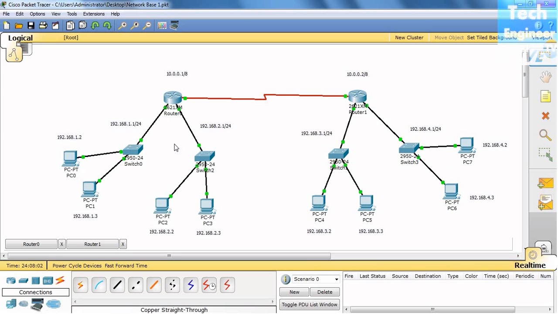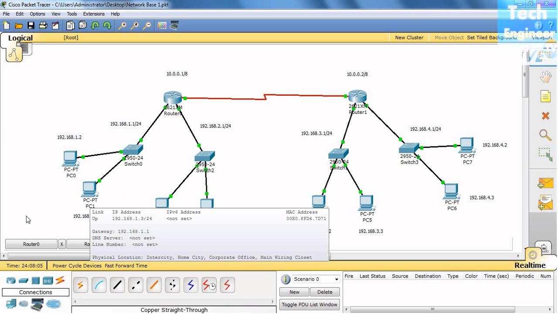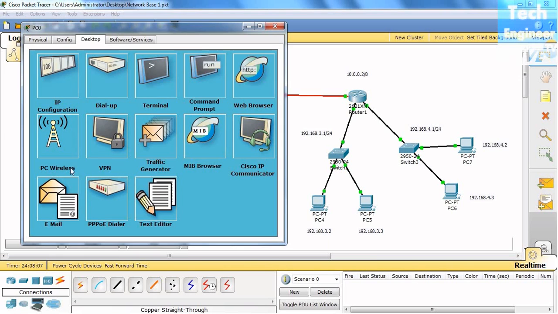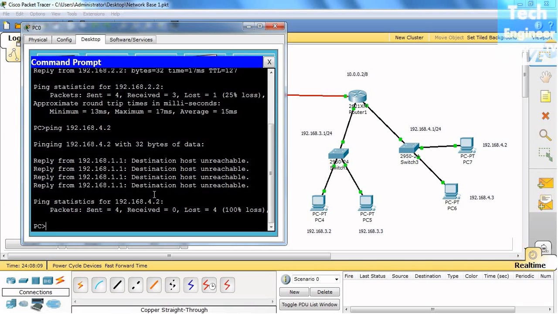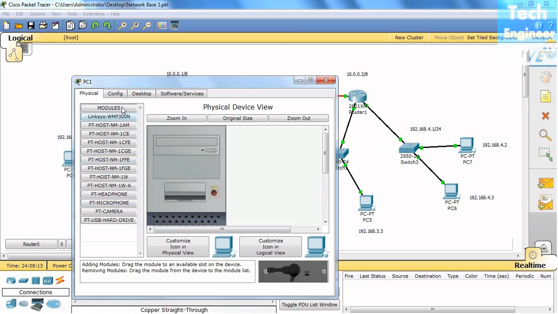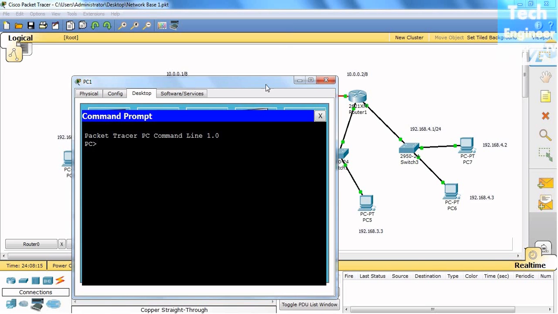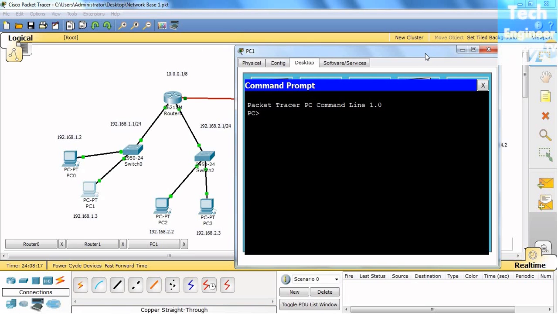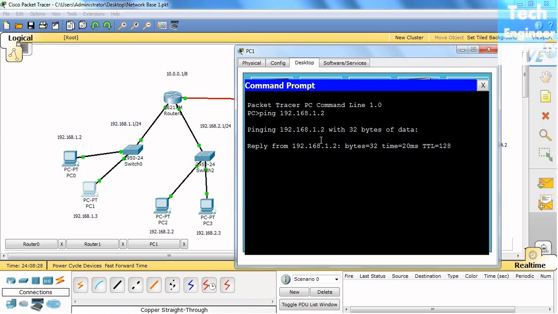So currently, for example, if I take the 192.168.1.2 PC, I already did that in the past, so let me go with 1.3. Okay, a fresh PC. If I want to ping 192.168.1.2, obviously it will ping because it's a native PC.